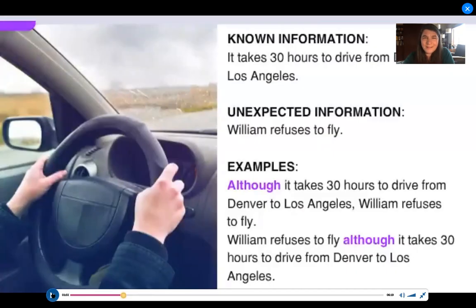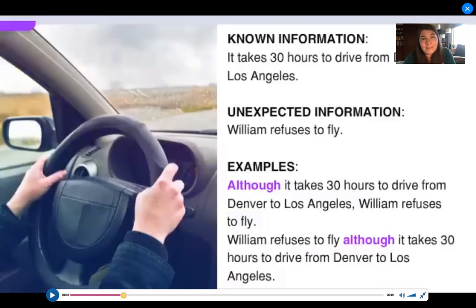So why is this unexpected? Why are we using although? We know that it takes 30 hours to drive from Denver to Los Angeles. If I tell you it takes 30 hours to drive, and I say William needs to go to Los Angeles, you would assume that he would fly because driving is too long, right?